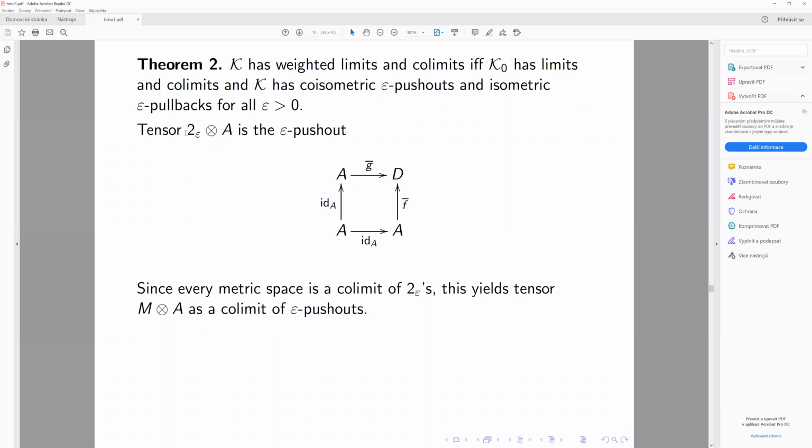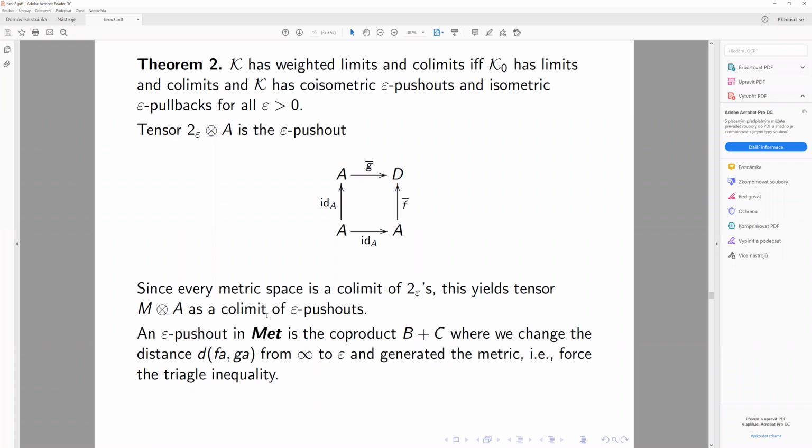The tensor of a colimit is the colimit of tensors, so one gets this thing as a colimit of epsilon push-outs. This is why colimits and epsilon push-outs give that. So these are quite strong conditions on epsilon push-outs, and now you see their description.